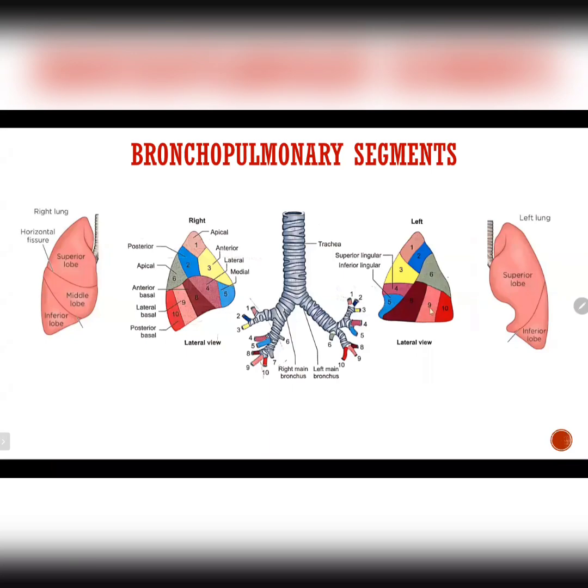Now for the inferior lobe, can you name the bronchopulmonary segments of the inferior lobe? It is the same as the bronchopulmonary segments of the right lung's inferior lobe. Can anyone name the bronchopulmonary segments labeled 6 to 10? 6 is apical.